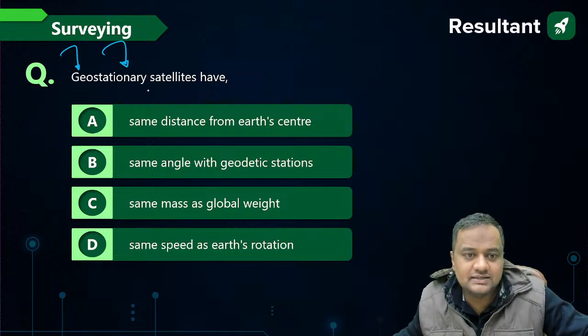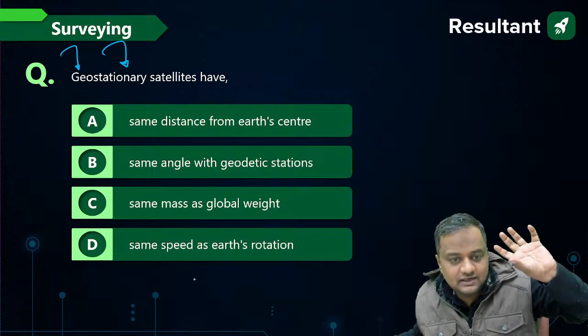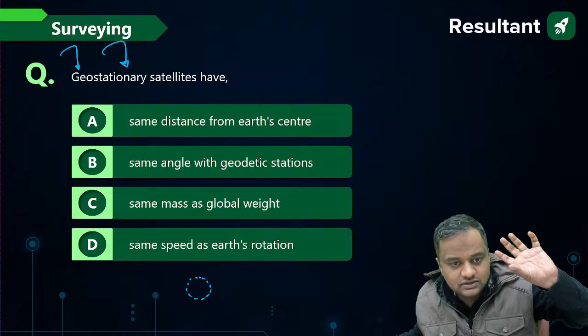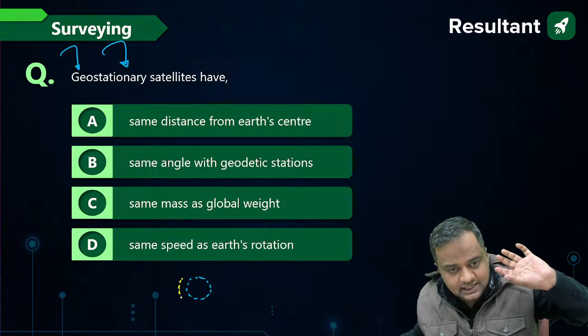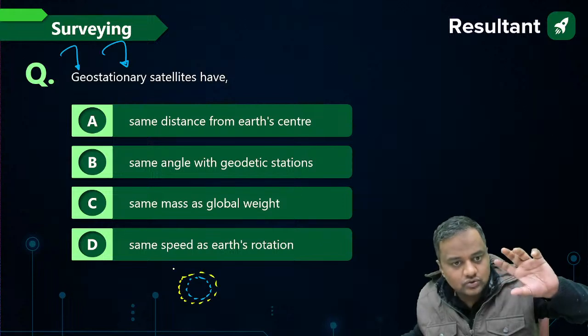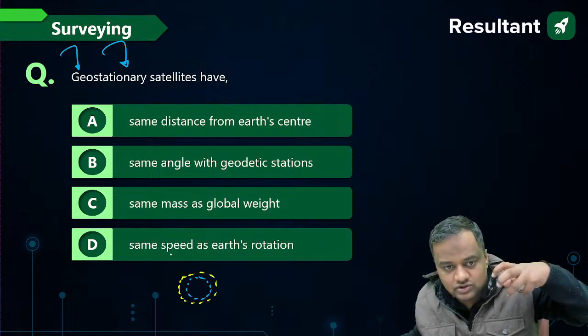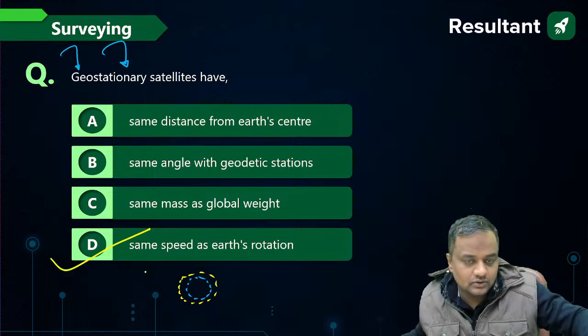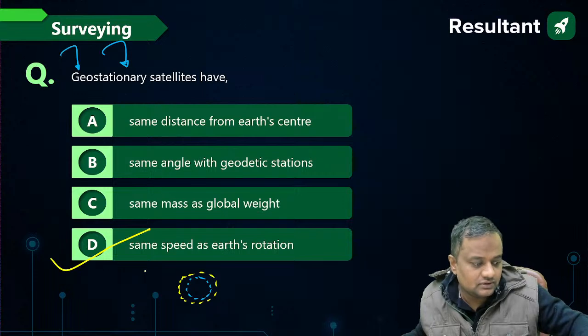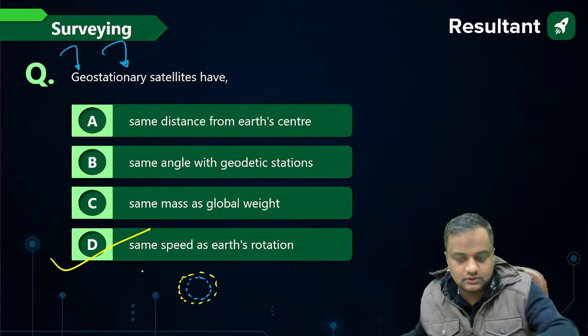So obviously it is constant with respect to the earth, and the earth is rotating. If the earth is rotating and that satellite is also rotating with the same angular velocity, it will stay over a constant position. So the rotation is the same as that of the earth's rotation. Got it?